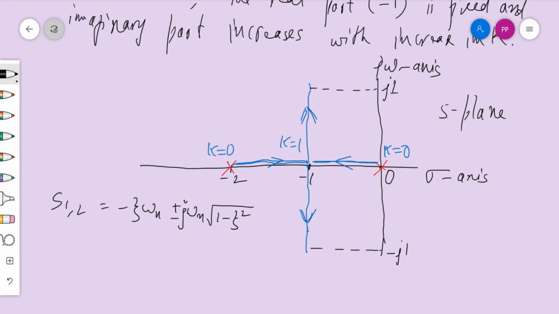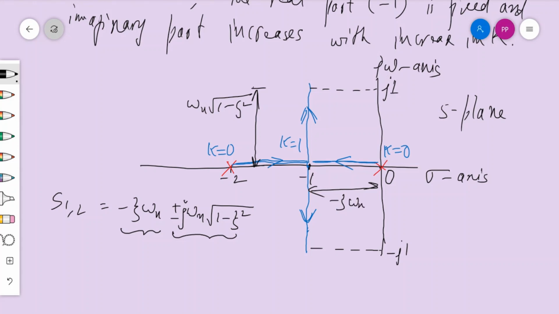Here we can see that the imaginary part of the root is given by this length. This length is omega n root 1 minus xi square, and the real part over here is minus xi omega n.